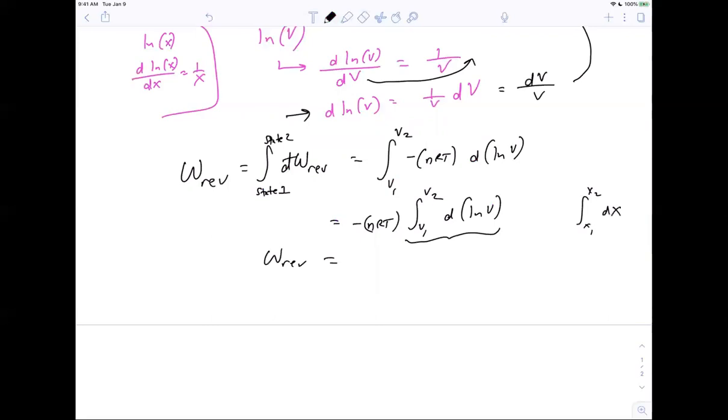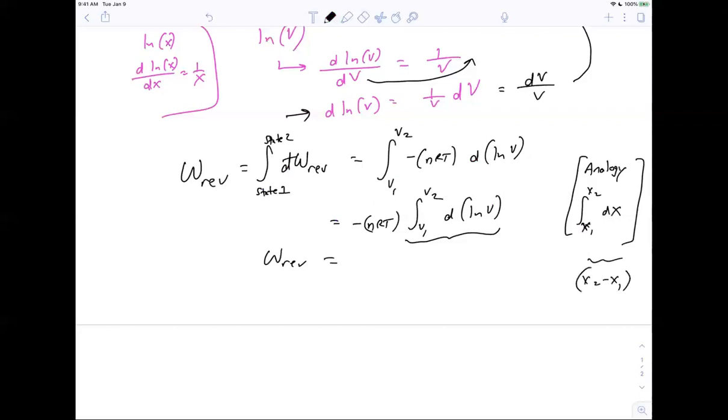I'll write here analogy just to help you understand. When you take the integral from x1 to x2 of dx, that's just going to be x evaluated at x2 minus x evaluated at x1. This is just equal to x2 minus x1.